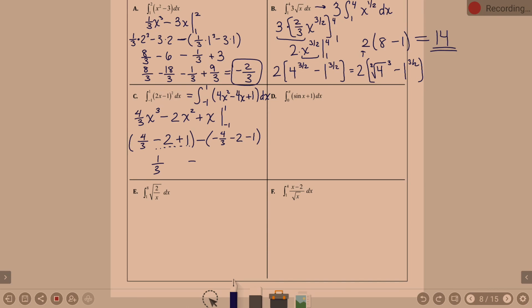Minus 2 minus 1 is minus 3. What is minus 3 as a fraction? This is going to be 9/3, if you will. So negative 4/3 minus 9/3, negative 13/3. Write out what you need to.